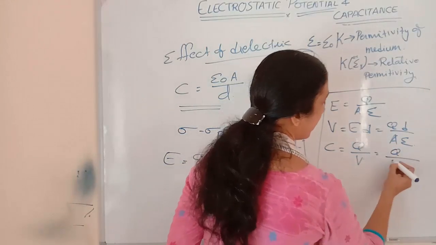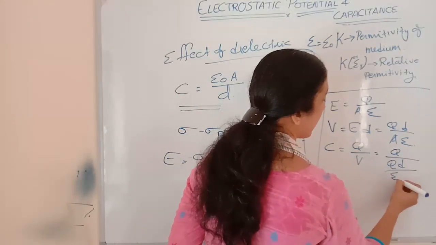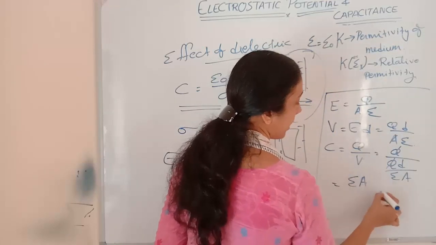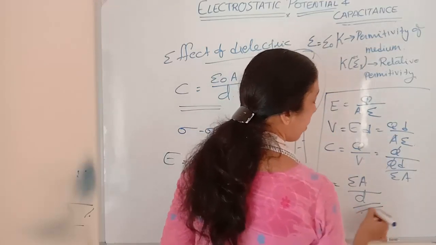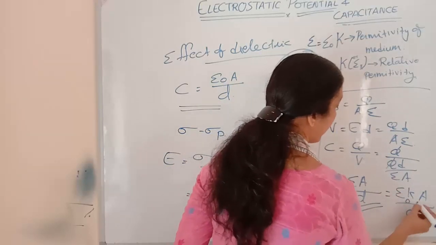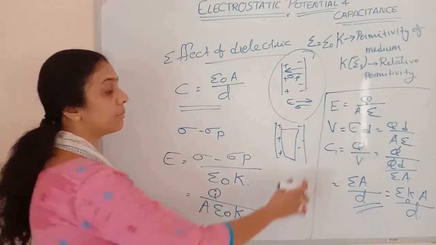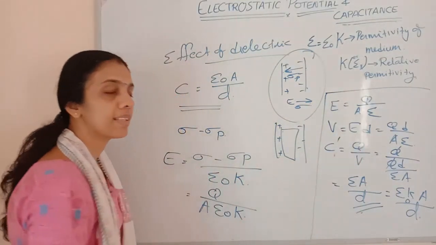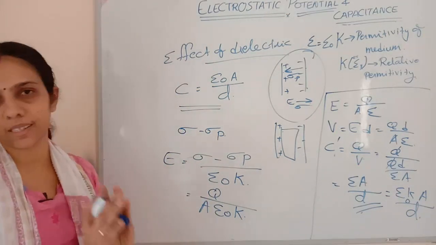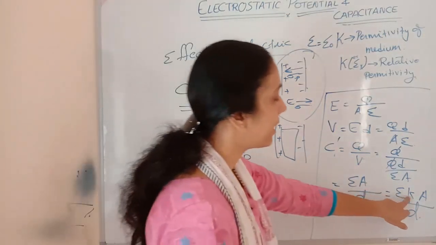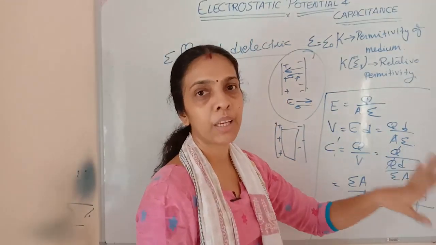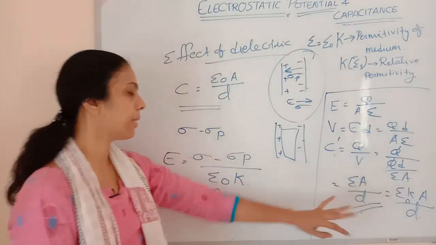Q divided by QD divided by epsilon A. Q and Q will get cancelled. Epsilon A divided by D, or we can write it as epsilon 0 into K into A by D. This is the capacitance of a parallel plate capacitor if a dielectric is present inside. So simple. The dielectric's relative permittivity is also included there: epsilon 0 into K A by D.